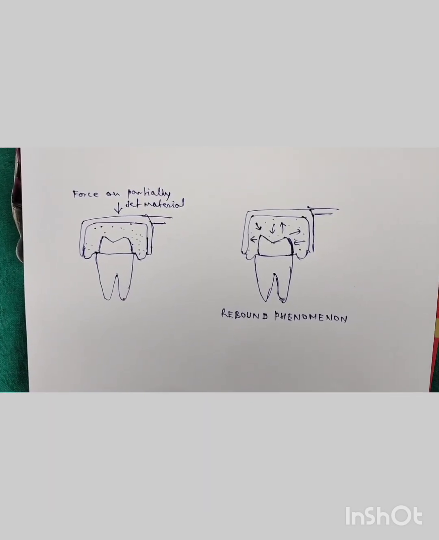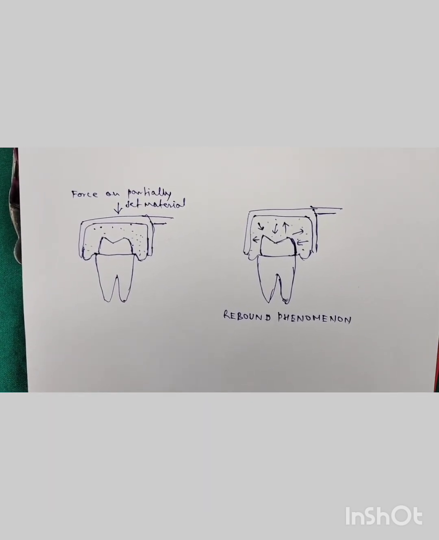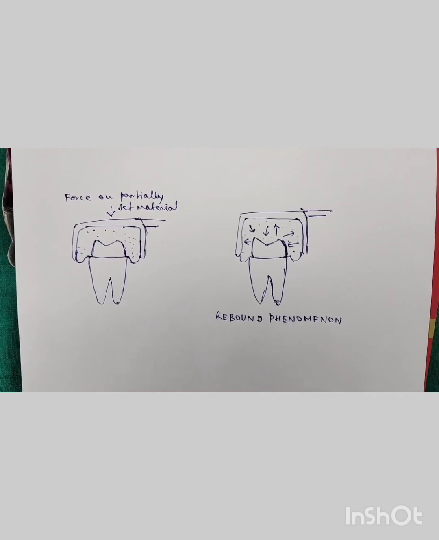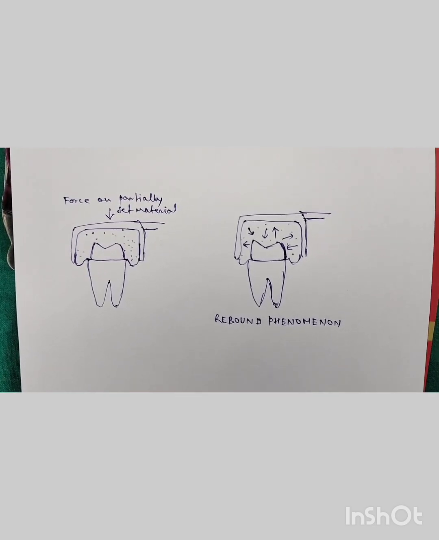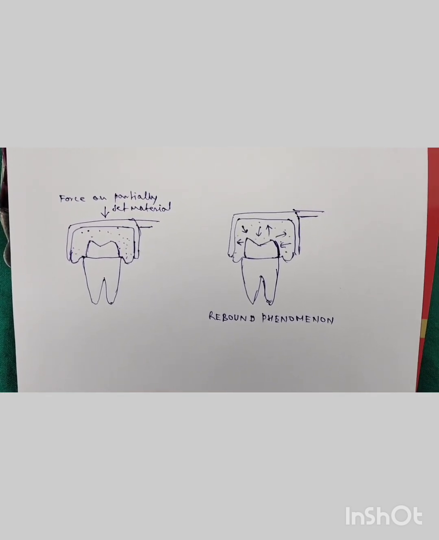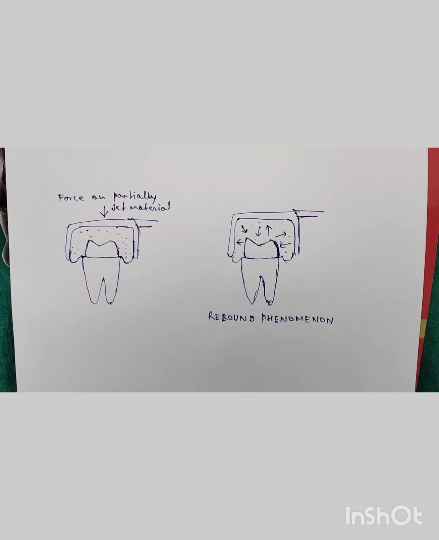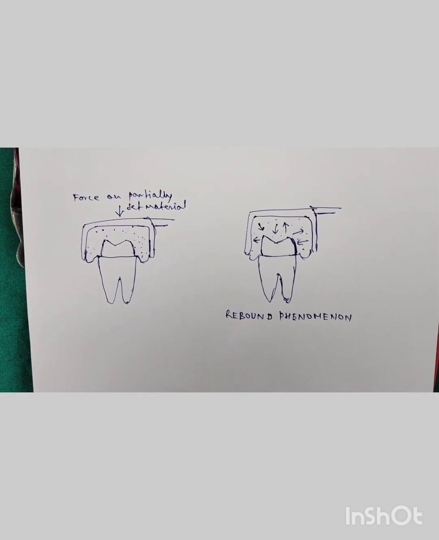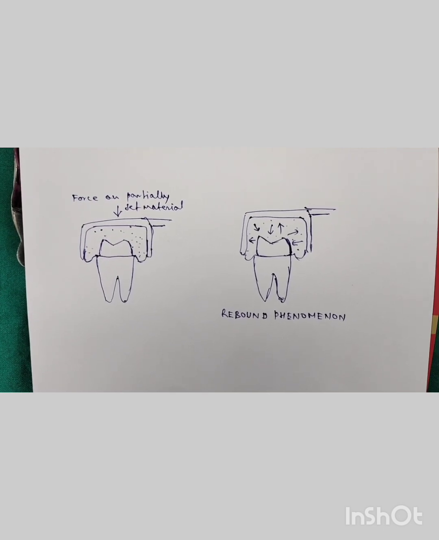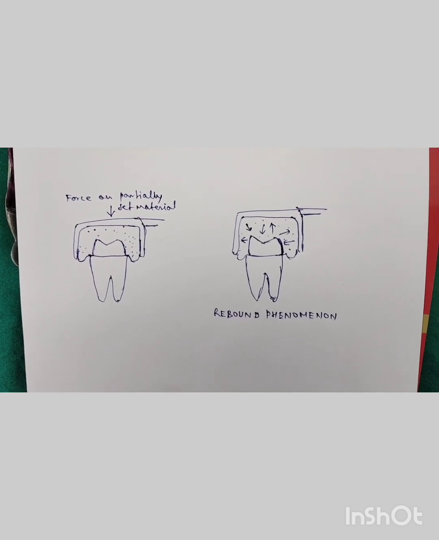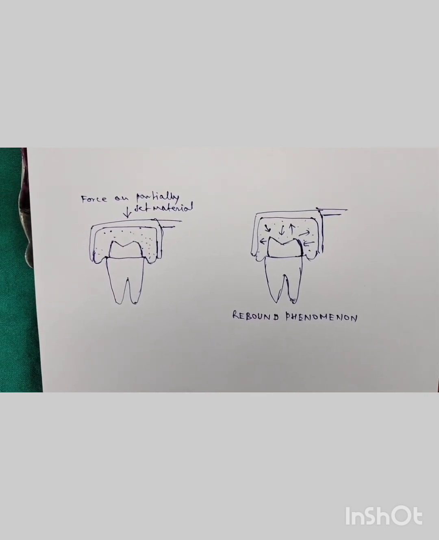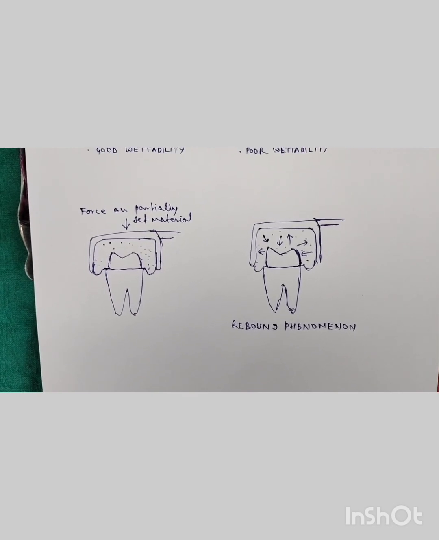Another important property is dimensional accuracy. Elastomers are known for dimensional accuracy, and that is the reason they are among the most commonly used materials for partial dentures, fixed crowns and bridges, and implant procedures, because of their dimensional stability and accuracy.